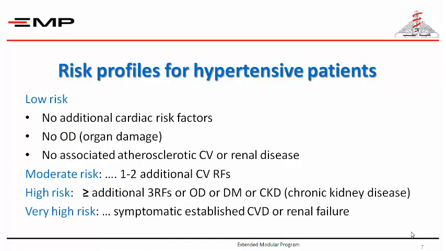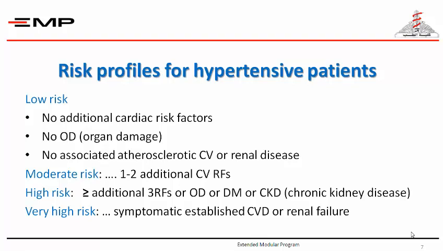For the risk profile of hypertensive patients, we can say that a low-risk patient has no additional cardiac risk factors, no organ damage, and no associated atherosclerotic cardiovascular or renal disease. Moderate risk patients are those who have 1 to 2 additional cardiovascular risk factors.